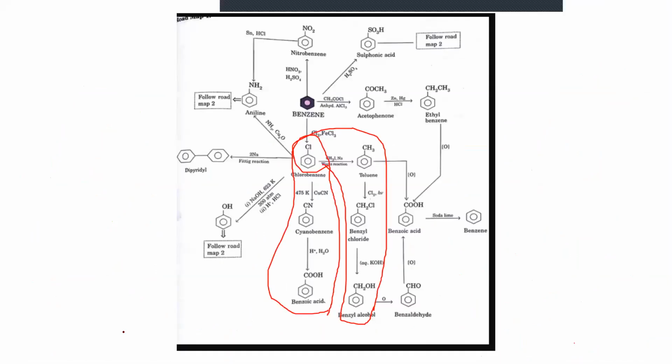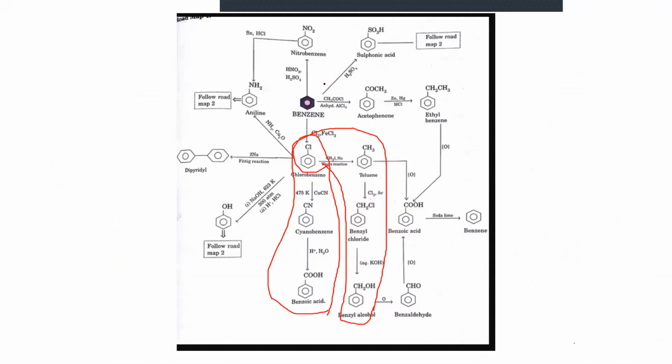Next we will see the next conversion. Let's see the chart again. So again, when you see the chart, here next is benzoic acid.